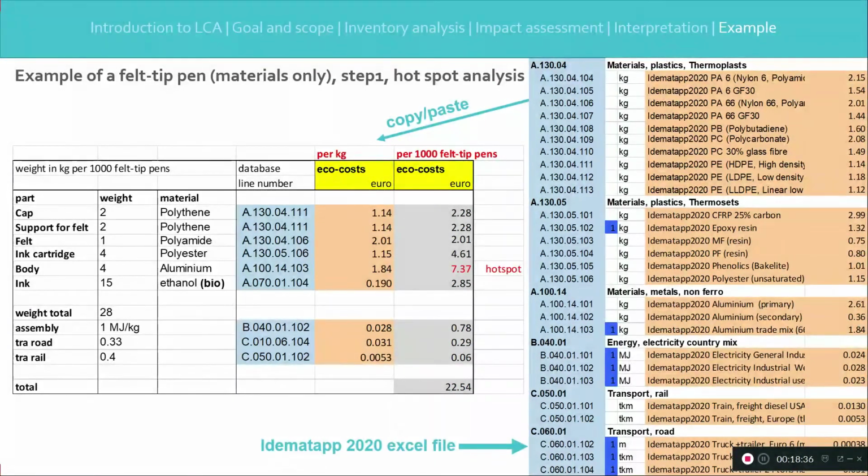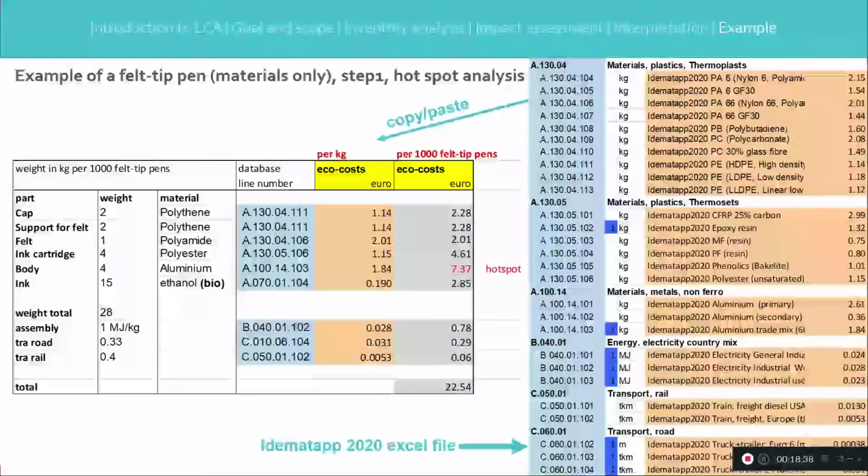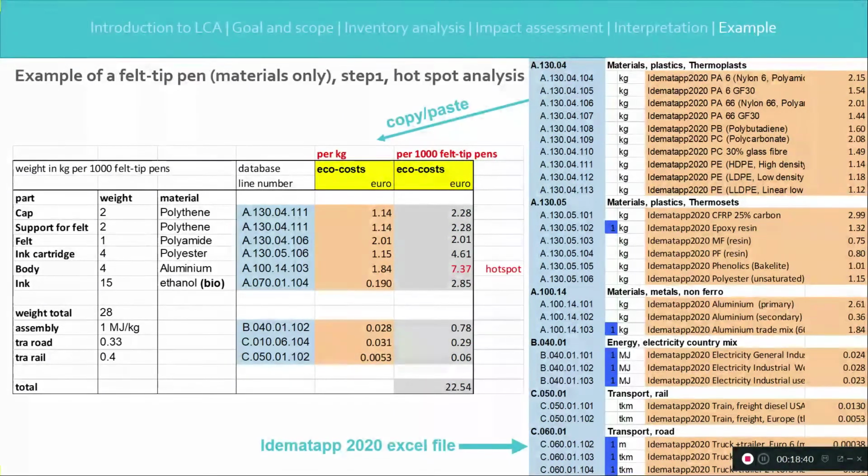Provide additional info like the type of material in the third column. Copy the data lines that you need from the Innomat 2020 file and paste it in your Excel sheet. Then copy and paste the database line number and the eco-cost per kilogram in the columns next to the column with the additional info.